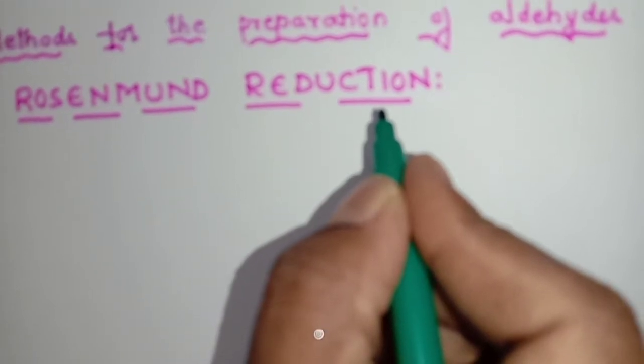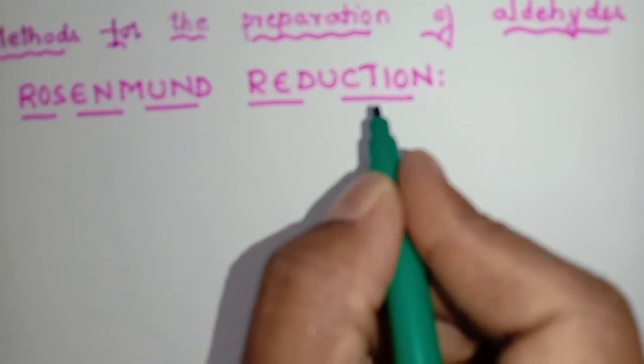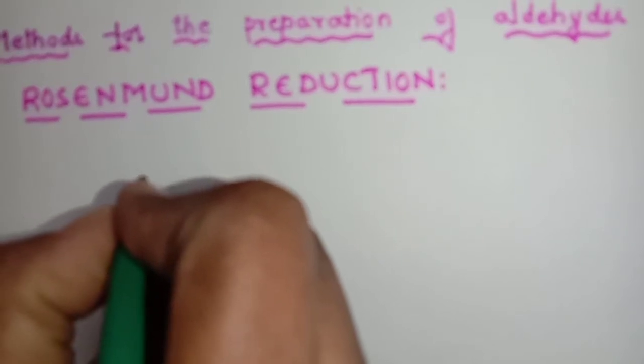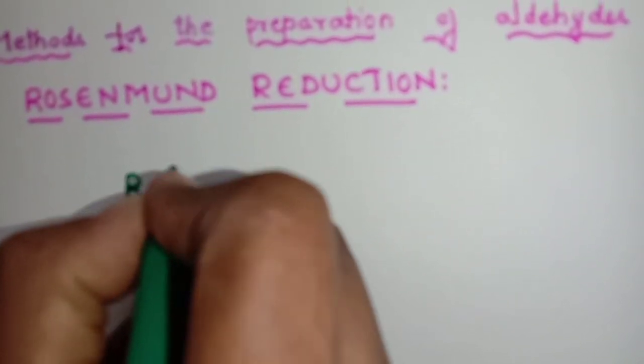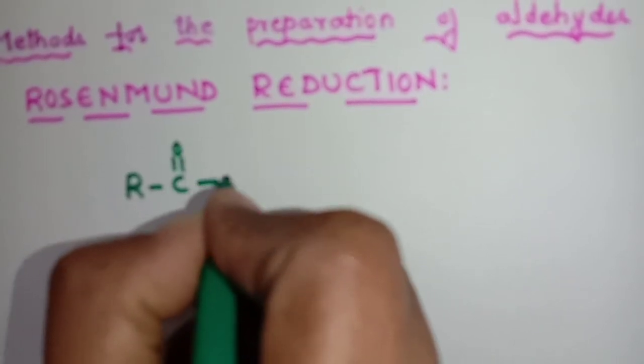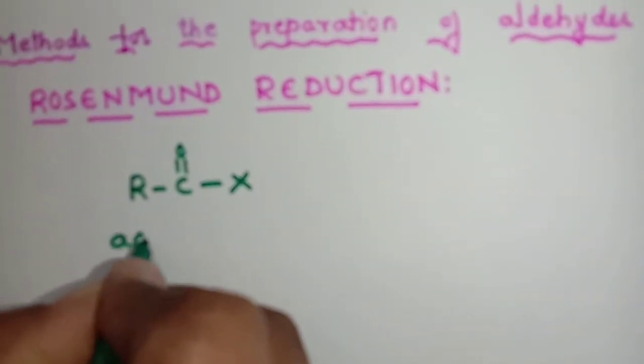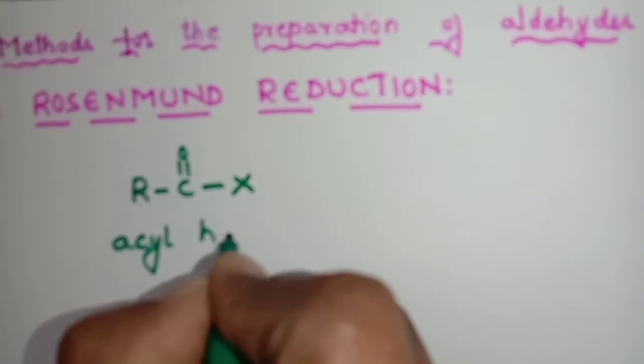What is Rosenmund reduction? In this method, acyl halides are used. What is an acyl halide? R C double bond O X. This is called an acyl halide.